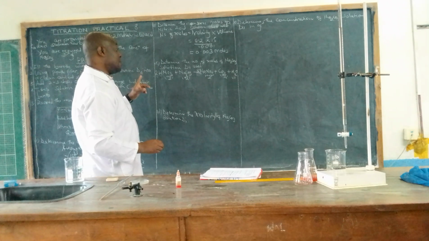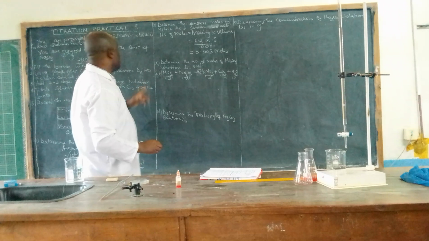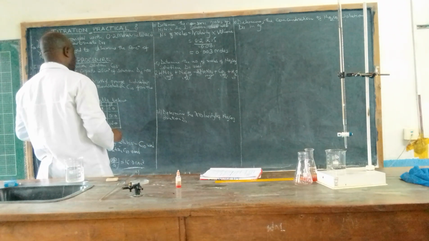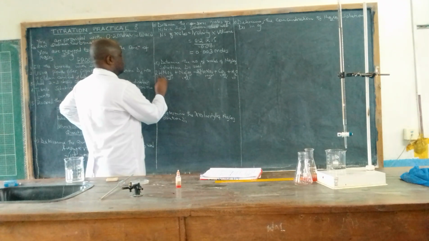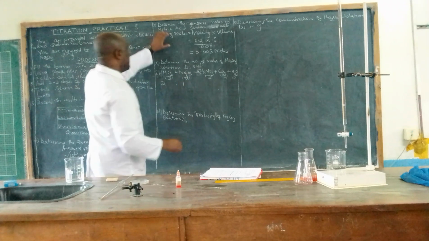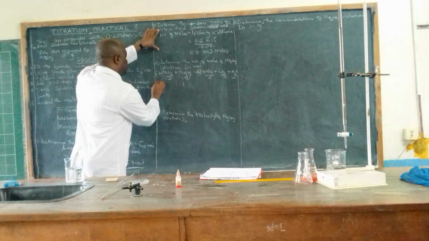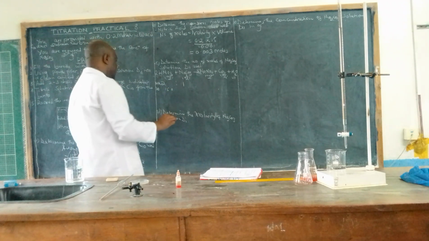Now we have been told to determine the number of moles of sodium carbonate solution in D11. Remember D11 is the sodium carbonate. So the mole ratio here is 2:1. And on this side we have found the number of moles. The volume we found here is 15.0, the average volume.